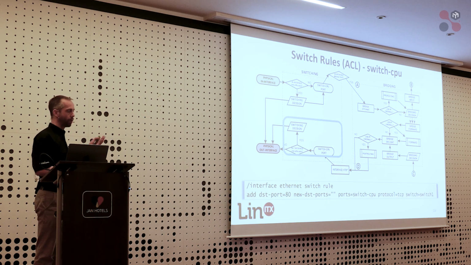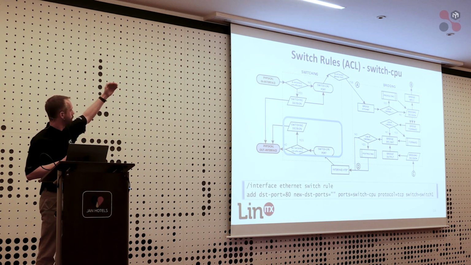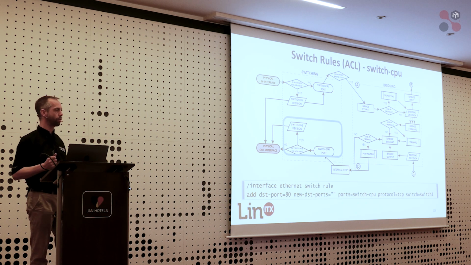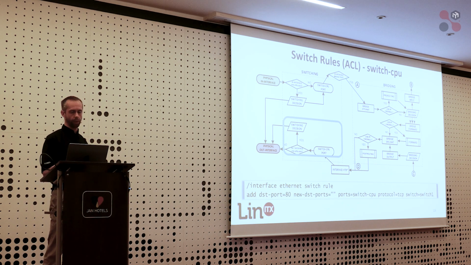Say I had come from a non-switch port, e.g. my Wi-Fi, I don't have a demo of that, but if I were to come in from my Wi-Fi, it doesn't go through the switch chip, but if I was to use this rule, this would block traffic coming from the Wi-Fi or anywhere else that hasn't come inputted on the switch chip going out of a port that was connected to a switch.